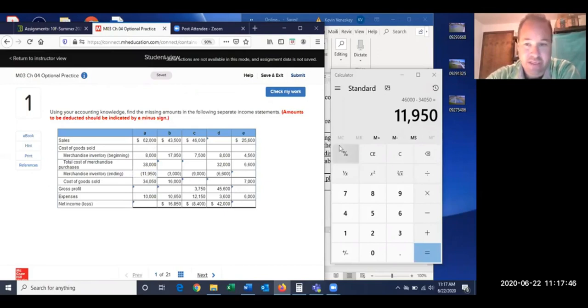Just take our sales minus our cost of goods sold, which they just give to us in the problem. Sales minus $34,050 gives us a gross profit of $27,950. And then when you subtract out your expenses, you can just do this one in your head. Minus 10,000, 17,950.